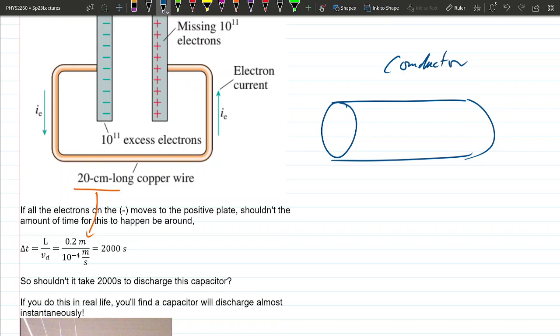That just means for every electron, I'm going to draw too many as usual, there's a positive charge offsetting it. So if I push one extra electron into here, that one extra electron is going to push its neighbor over, and that's going to push its neighbor over, and so on.